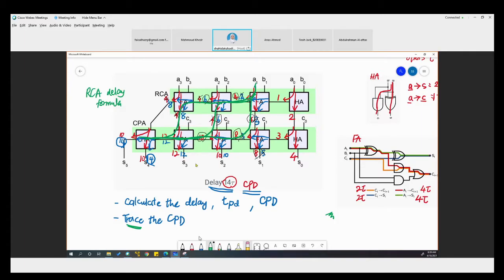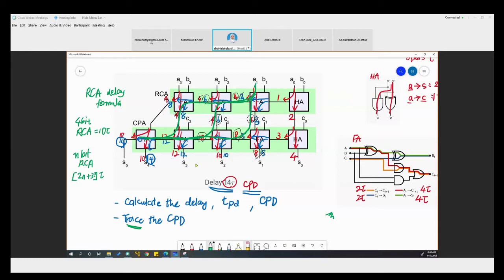RCA 10 tau is only for 4 bit. A 4 bit RCA is 10 tau. N bit RCA, remember the formula? 2n plus 3, where n is the number of RCA blocks?